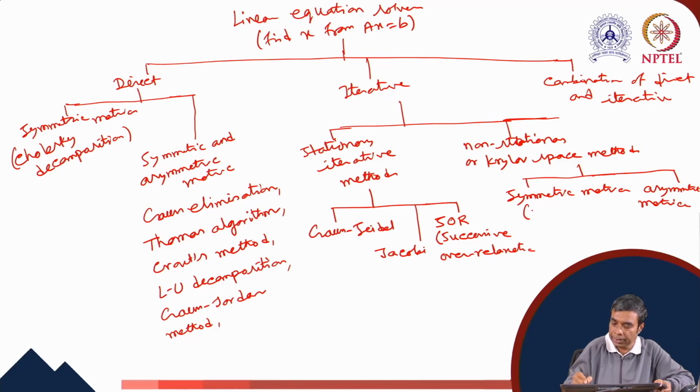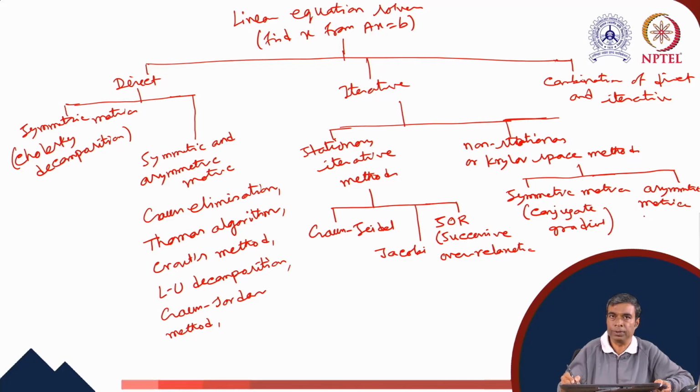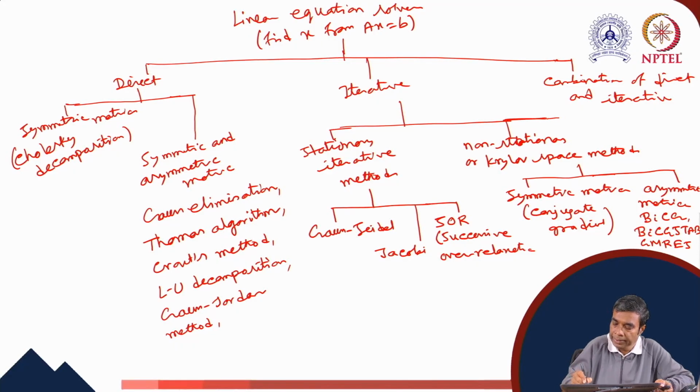For symmetric matrices, the prominent example is the conjugate gradient method. Under asymmetric methods, we have the biconjugate gradient method. Briefly, we write it as BICG. Then we have biconjugate gradient stabilized. So we say it as BICG stab. And we have GMRES.